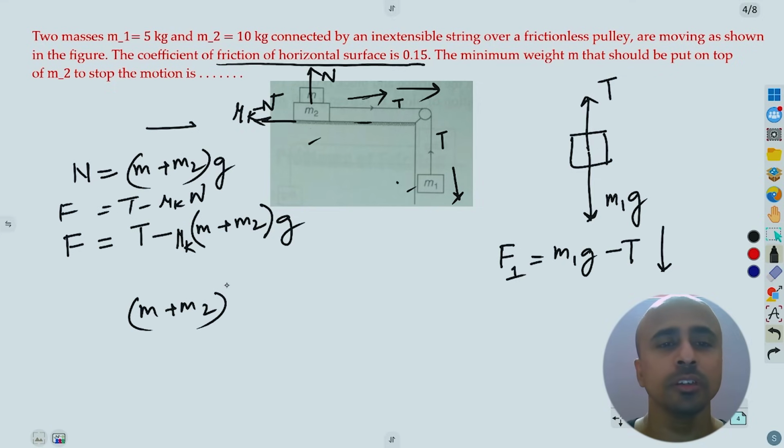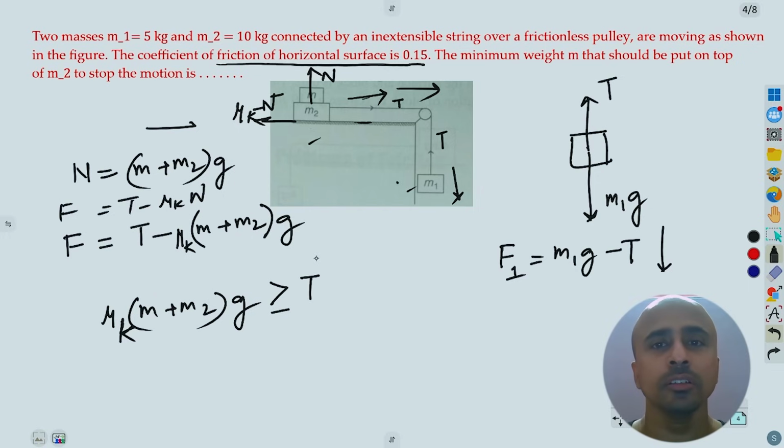Now, in order that the system as a whole remains stable, this friction force mu k (m plus m2)g should be greater than or equal to the tension.